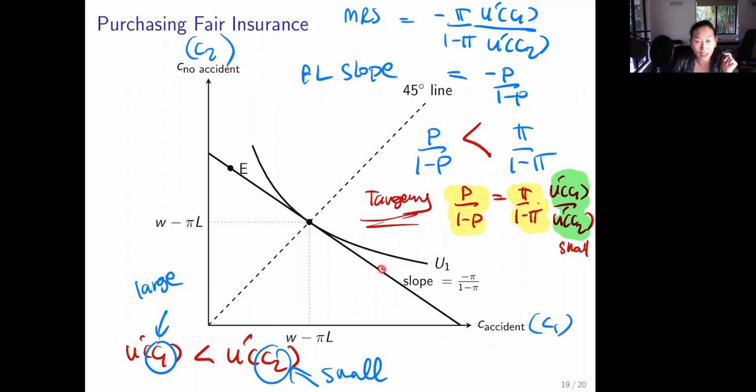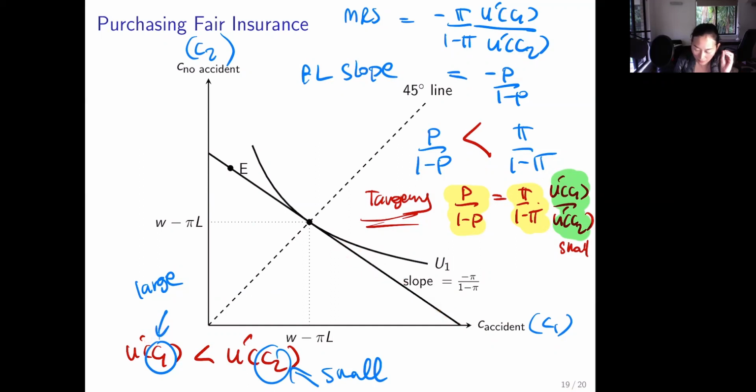So you can predict the optimal amount of insurance this risk-averse person is going to buy. He's going to choose somewhere here, because here C2 is smaller than C1.